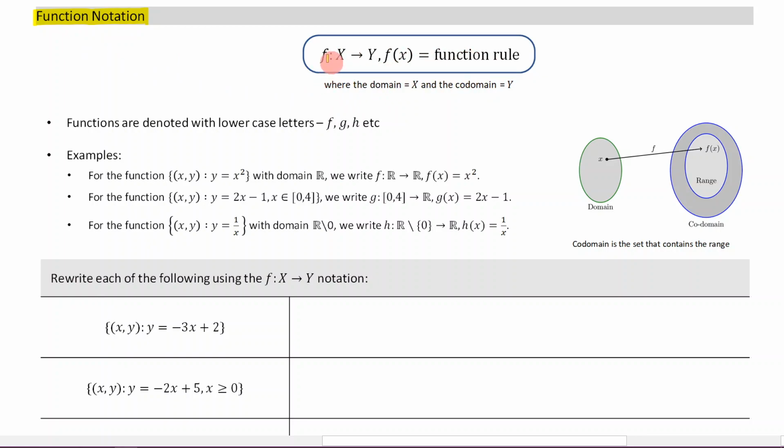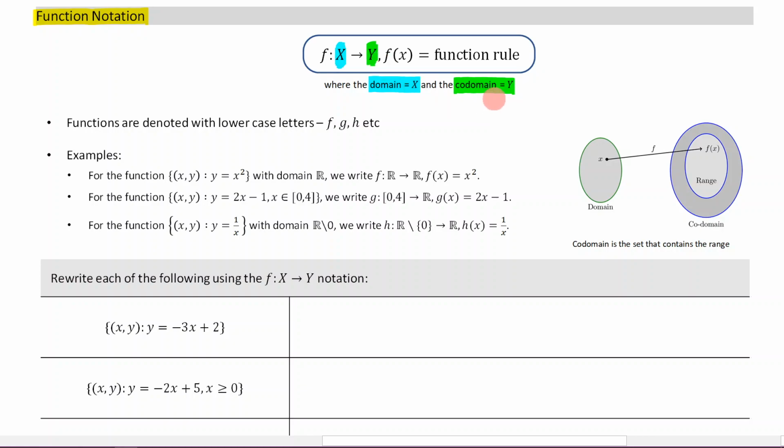So here is our function notation. We start off with a letter, and it doesn't necessarily have to be f, but in this example, it's f. Then we have a colon, and then we have this X right here. Now what this X stands for is the domain. So we write down what the domain is. Then we have an arrow, and then after the arrow, we have this Y. Now this Y is standing for the codomain.